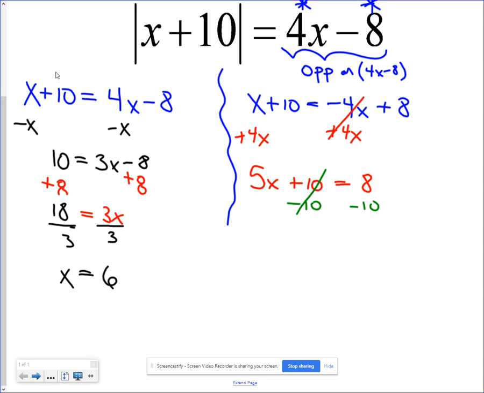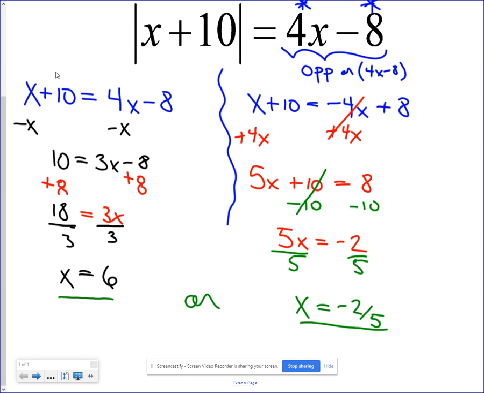And we get 5x is equal to negative 2. And then last, divide by 5. x equals negative 2/5. So our two possible solutions are x equals 6 or x equals negative 2/5.